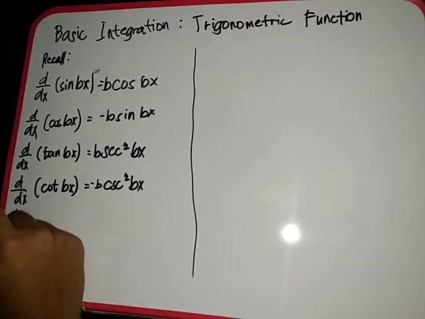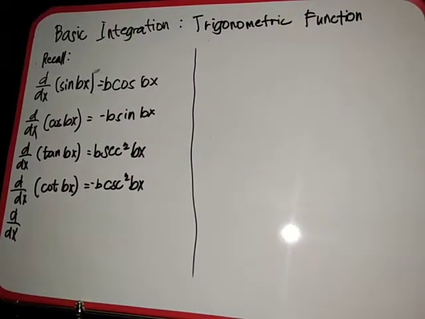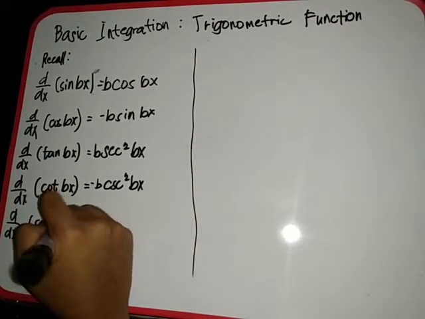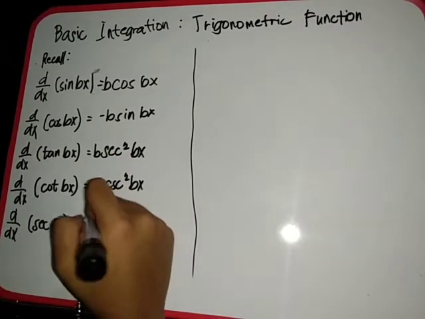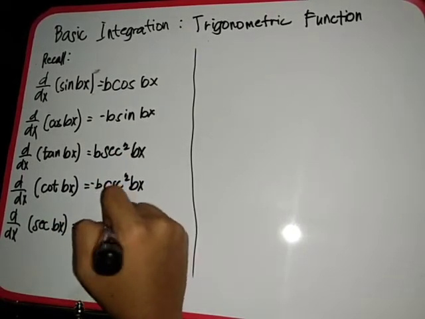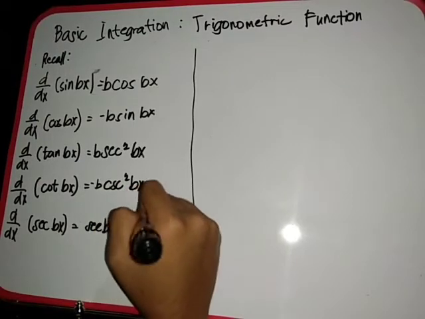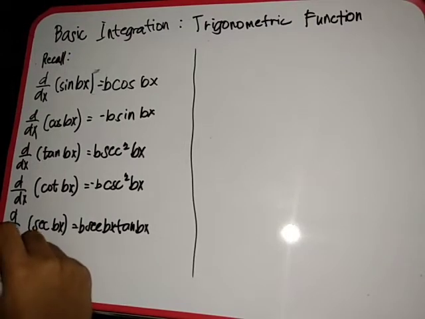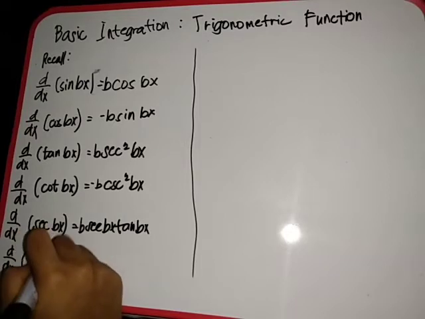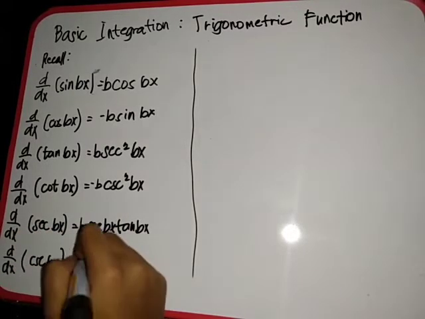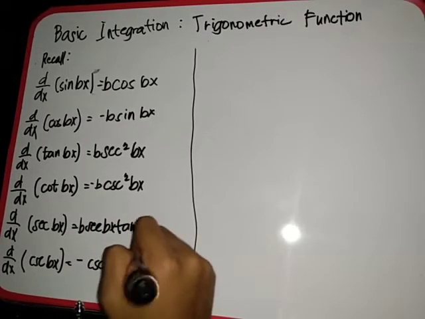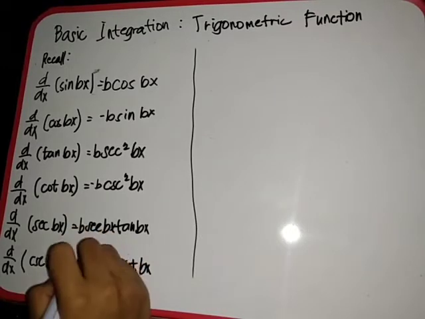And then the derivative of secant bx is secant bx tangent bx multiplied by b. And the last is the derivative of cosecant bx, which is negative cosecant bx cotangent bx multiplied by b.